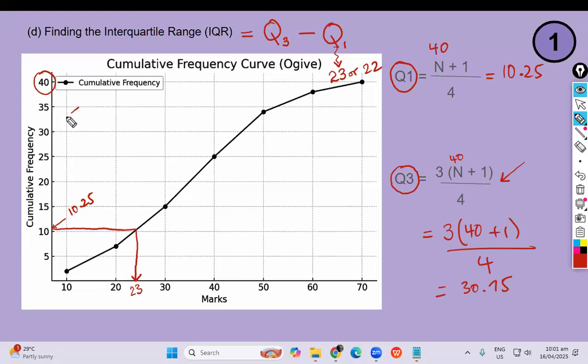You're looking for, as best as possible, 30.75. That will be 1.5 blocks above the 30, because the first block above the 30 will be 30.5, and the next one will be 31. You have to go in between the 31 and 30.5. I know it's a headache, but you have to be exact. And then you go across, hit the graph, and let it fall down.